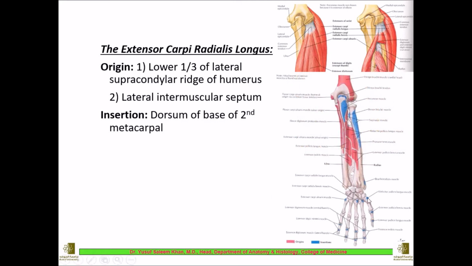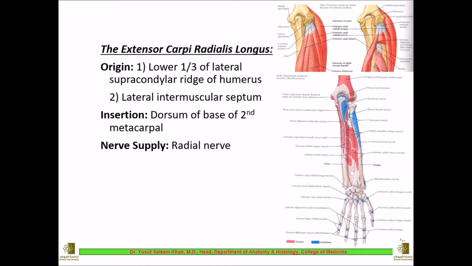As I told, the counting is from lateral to medial side. So this is the thumb, the first metacarpal, then the second, third, fourth and fifth. It gets inserted to the dorsal surface, not the palmar surface. As I said, every metacarpal has a head, a shaft and a base. So it gets inserted to the dorsal surface of the base of the second metacarpal bone.